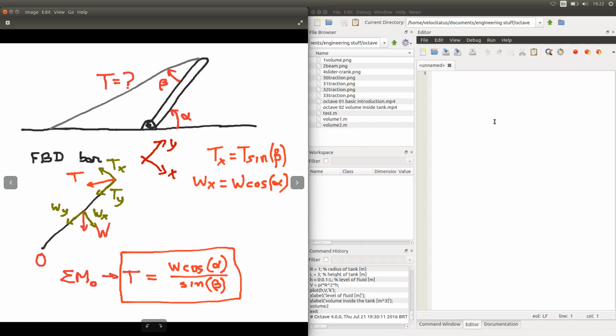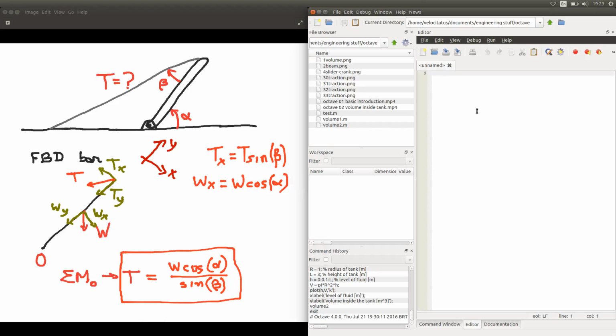So let's go ahead and try to use Octave to calculate this tension. We would need this initial angle alpha. Let's say we give some value for it. We also need to calculate the weight, so we need a mass for this bar.